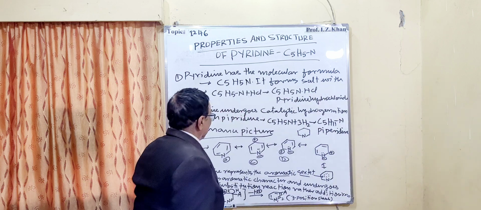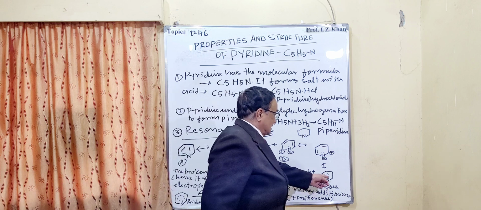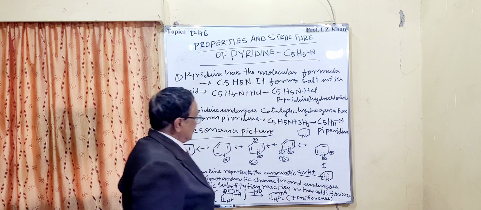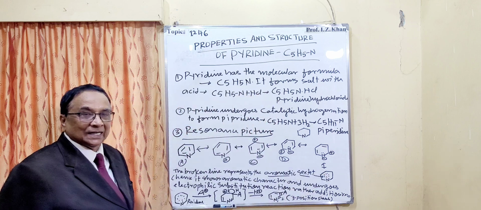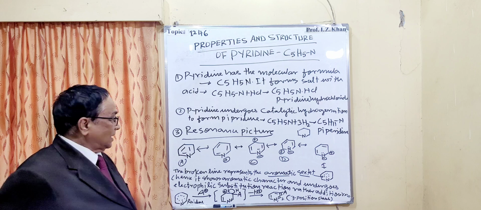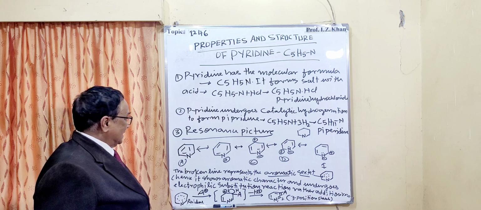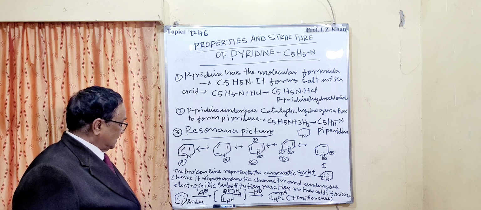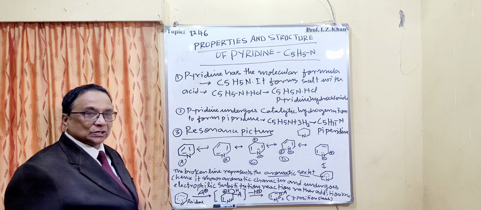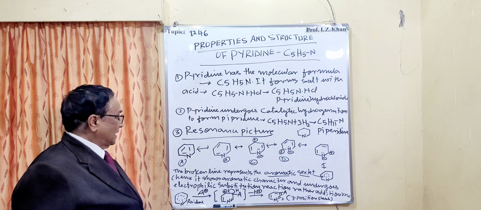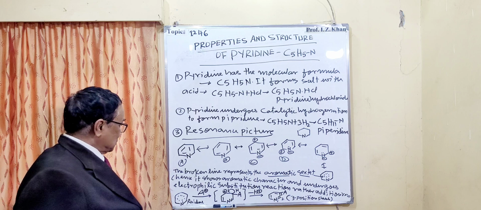The broken line here shows the sextet of delocalized pi electrons, and that gives the aromatic character to pyridine, and hence it shows aromatic character and undergoes electrophilic substitution reaction.